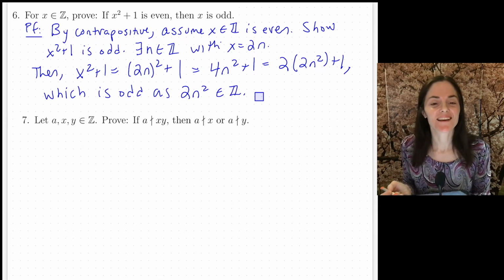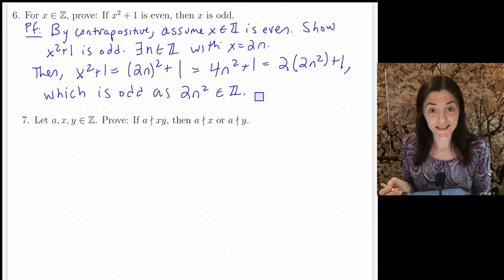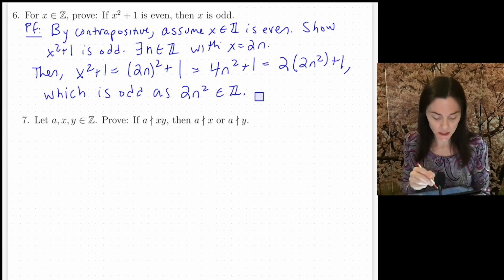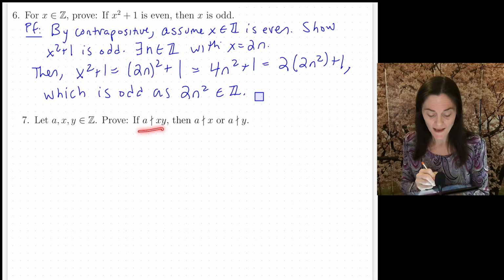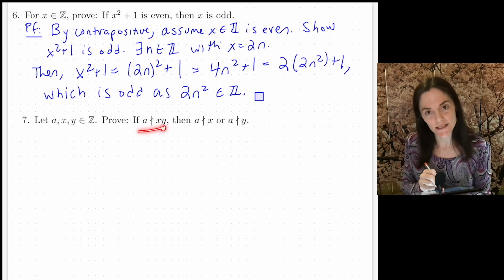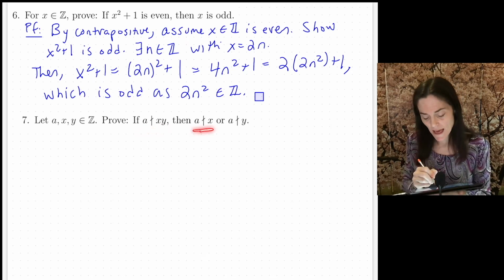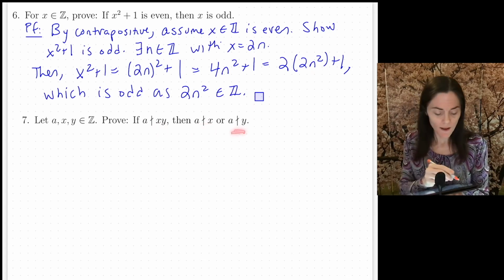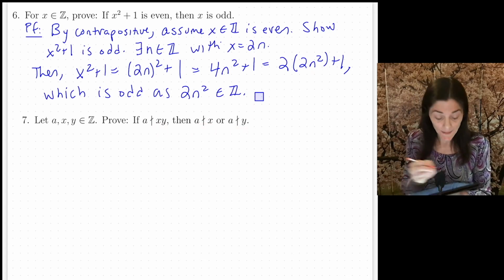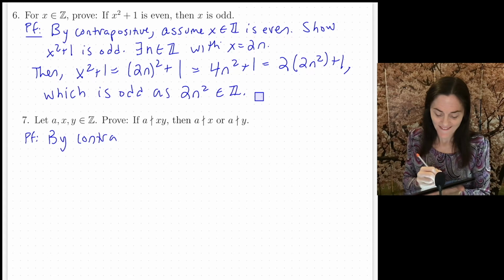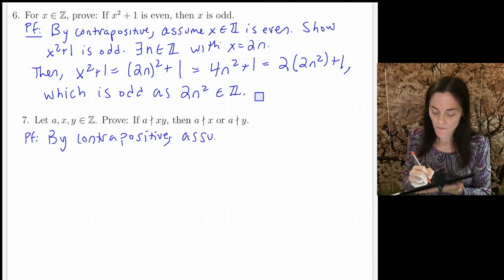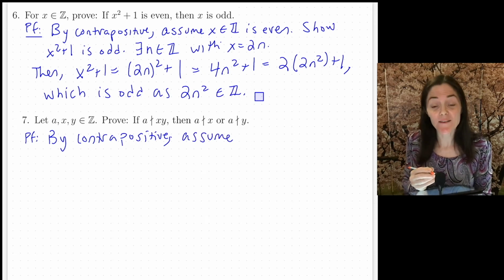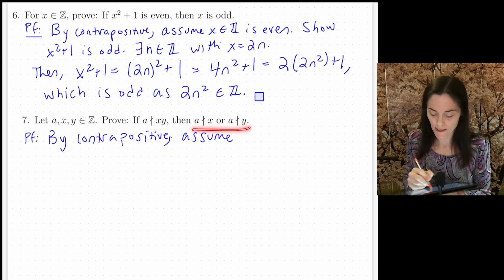Number 7, this to me is another contrapositive. It says the following: we have integers a, x, and y. If a does not divide x times y, then a does not divide x, or a does not divide y. We assume, well, this time we have an or to negate here.